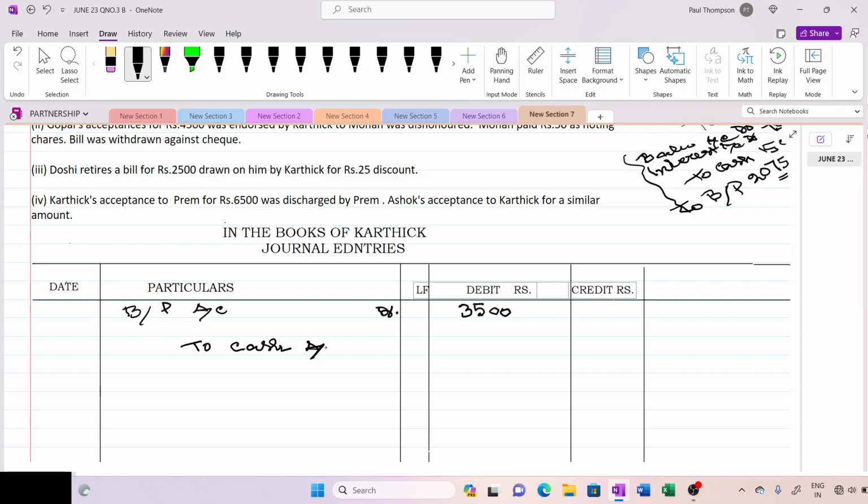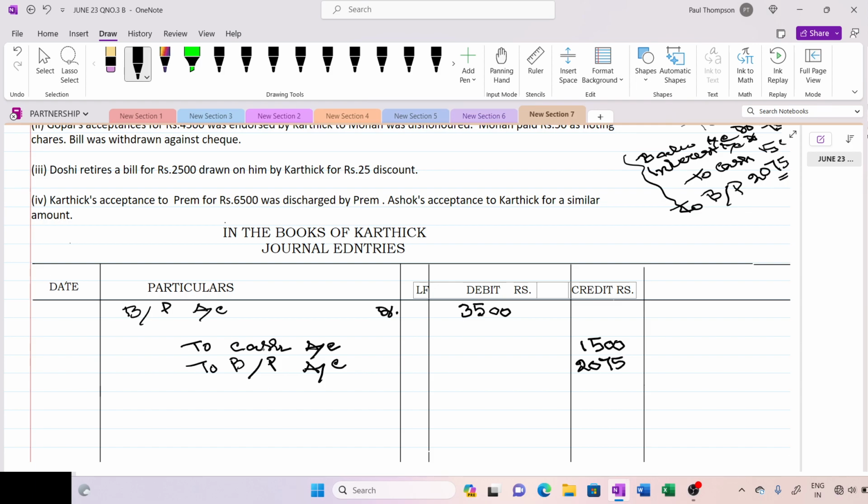Cash is going out of his business, 1,500. And for the balance, Karthik is accepting a new bill along with interest. So now the bills payable account, this will be the new bills payable. This will be 2,000 plus interest is 75. So this is 2,075.